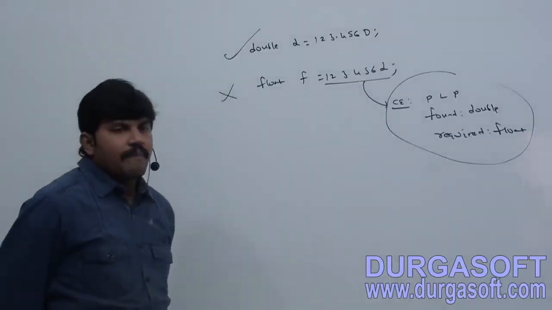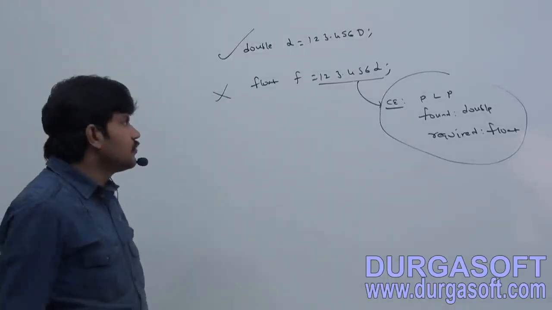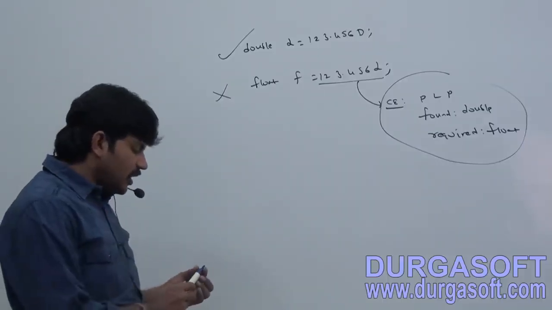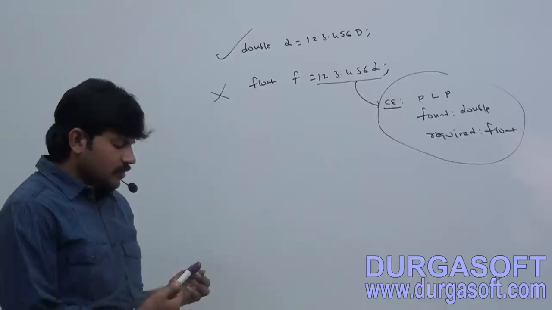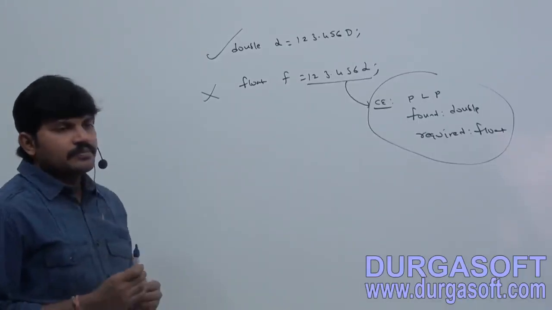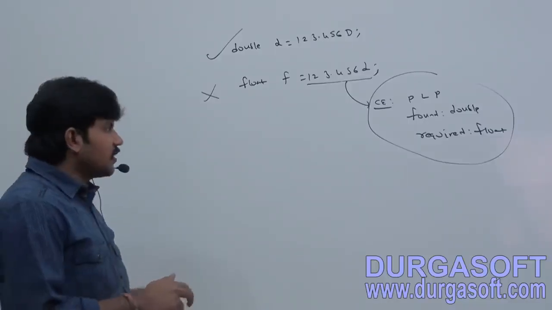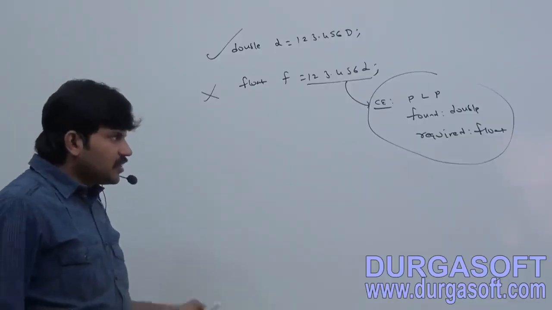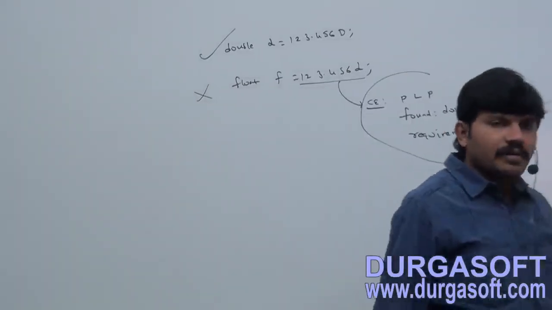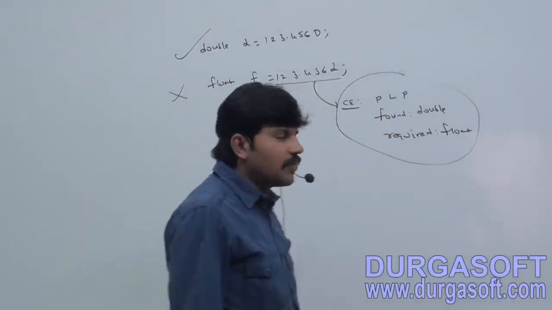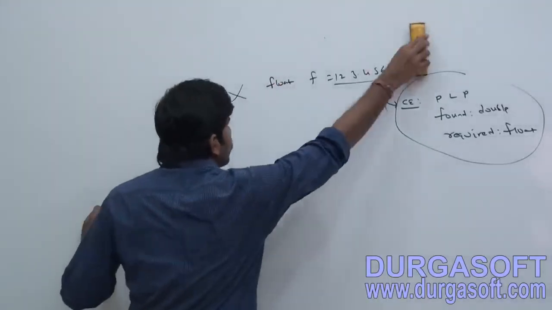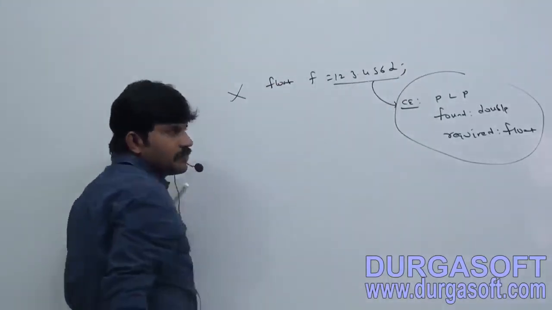Next, float f = 123.456 with small d or capital D. So we are going to get a compile time error saying possible loss of precision, found double, required float.